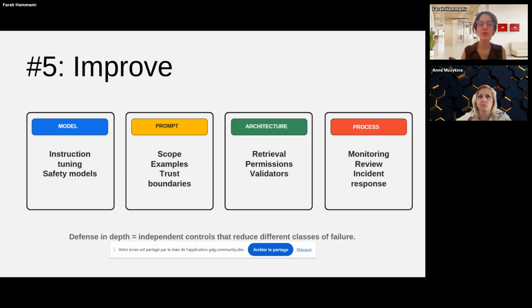So mostly in the improvements, for the model, we pick a model that is aligned with what we have, for example a multi-language model, or maybe we have to fine tune it at some point. For those who don't have an idea about fine tuning, it's like adding another layer of learning to that specific model. And sometimes we just need to improve the prompt and things will go well, surprisingly. And sometimes it's a matter of other things in the architecture. We have the retriever, the validators, the permissions, and the tools that we're calling.